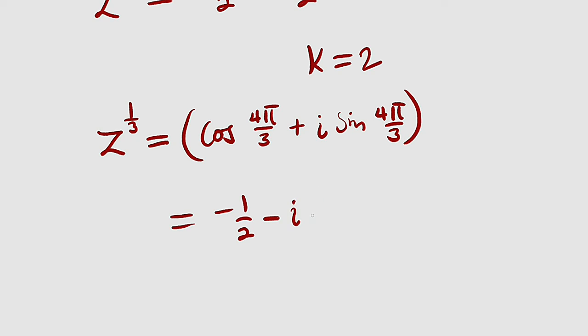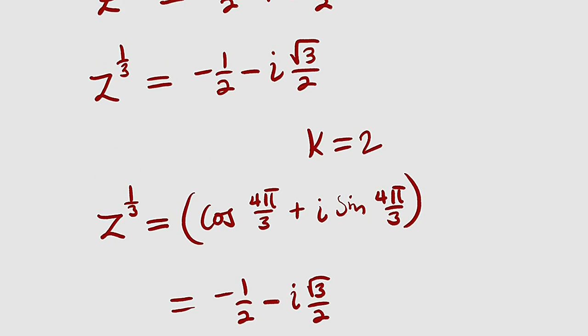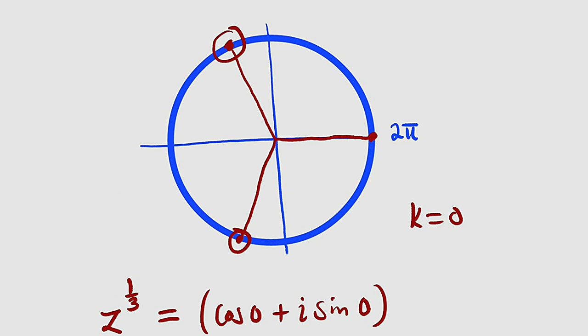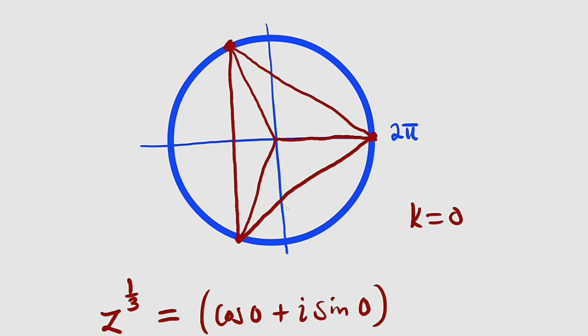So we have negative i root 3 divided by 2. Can you see they are exactly the conjugate of each other? This terminal point is just a reflection of the other one. If you connect all of these 3 points together, you have an equilateral triangle, so all the sides have the same length.